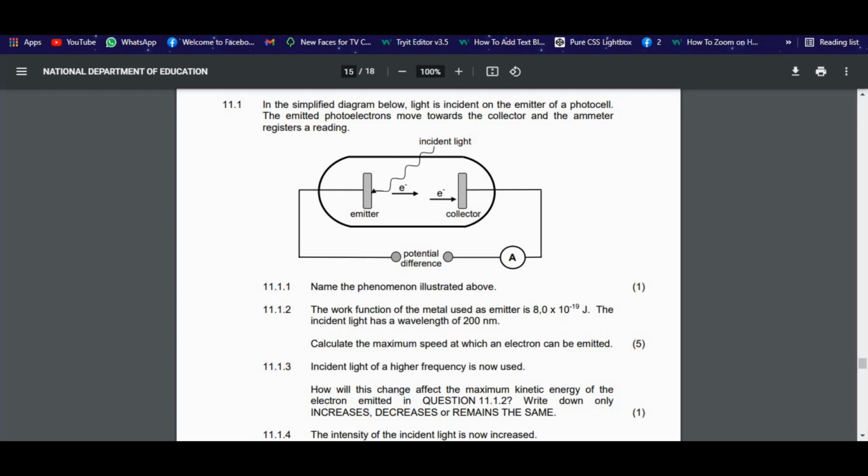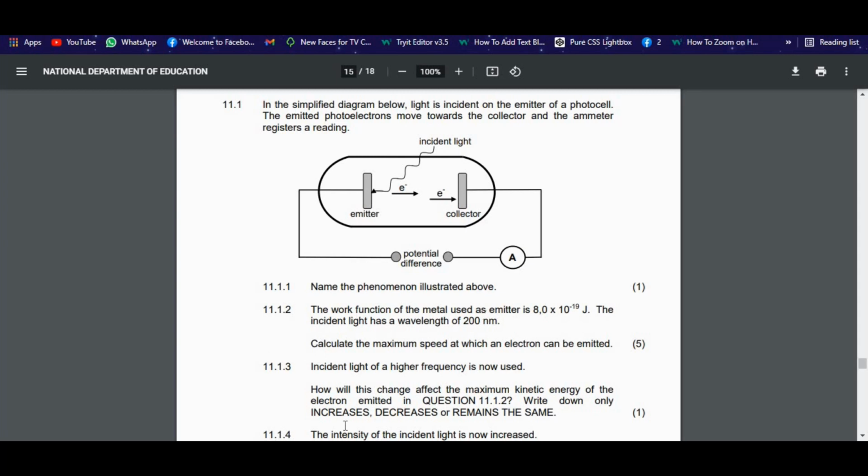Well, if I use a higher frequency, then that means, because speed of light is a constant, that I must probably have a lower lambda, or shorter wavelength. The shorter wavelength means higher frequency. Longer wavelength means lower frequency. So a high frequency means shorter wavelength. So the wavelength must be shorter than 200 nanometers.